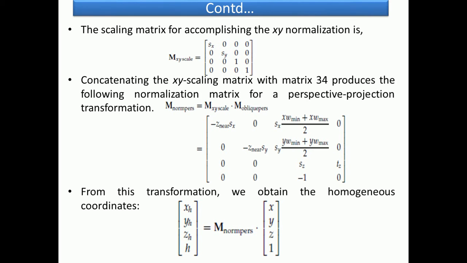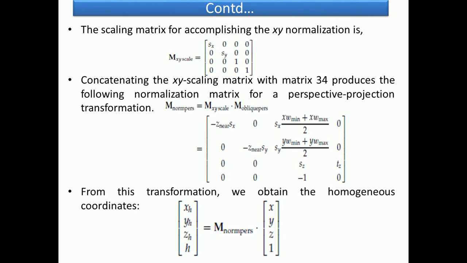So the scaling matrix for accomplishing xy normalization is given as M xy scale equal to Sx 0 0 0, 0 Sy 0 0, 0 0 1 0, 0 0 0 1. Concatenating the xy scale matrix with the concatenated matrix, that is the resultant matrix, produces the following normalization matrix for a perspective projection transformation: M norm perspective equal to M xy scale times M oblique perspective.